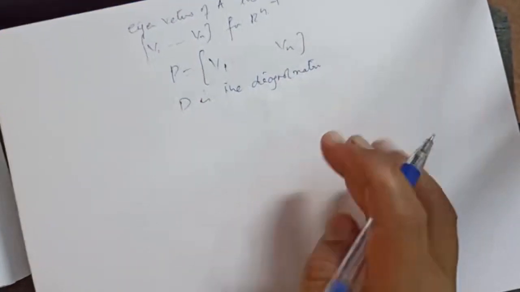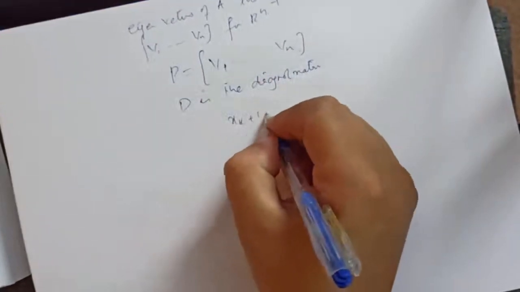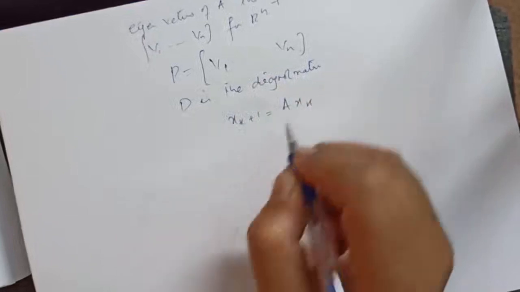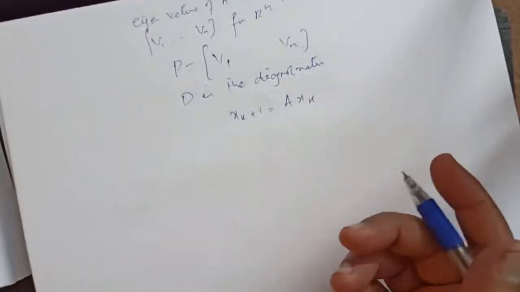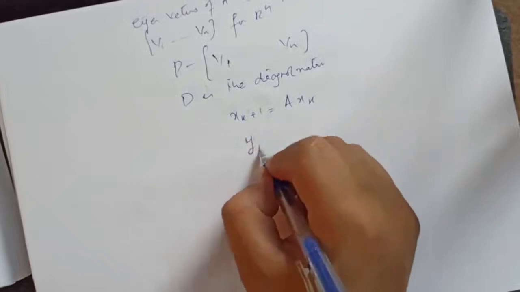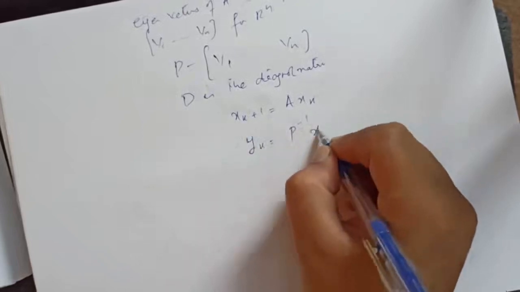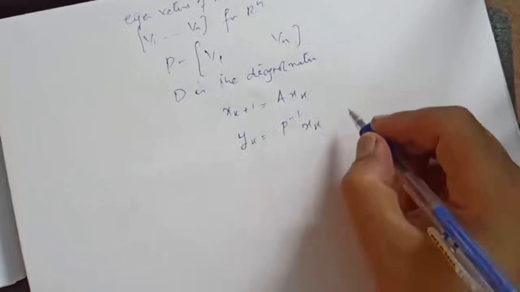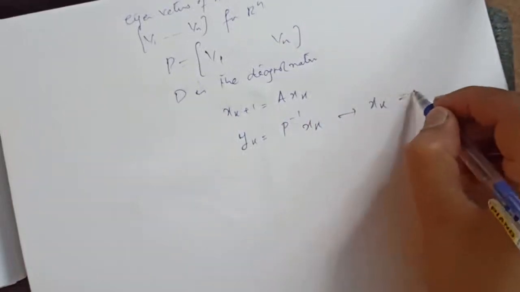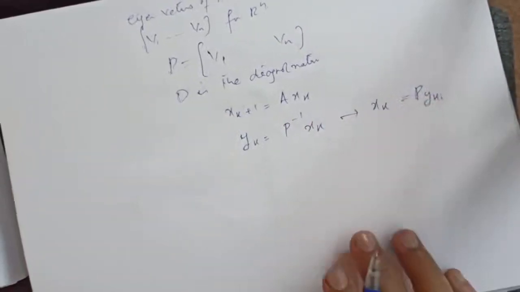So if x of k plus 1 is A times x of k, then we can define a new sequence, y of k equals P inverse x of k, and correspondingly x of k equals P times y of k.